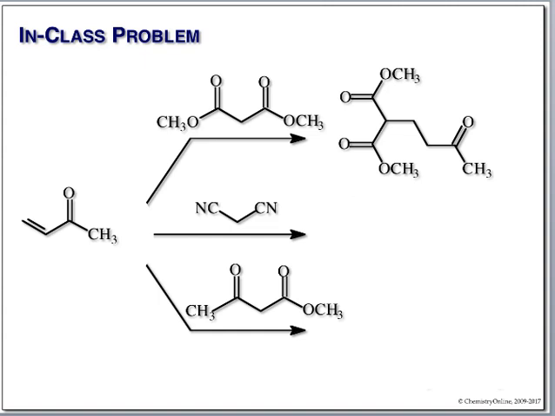Now our next guy is called malononitrile. It's the same oxidation state on both carbons as malonic acid. Again, this is a very acidic carbon. Our carbanion will attack the beta carbon. Go ahead and draw it. You can do this. This is an art class.